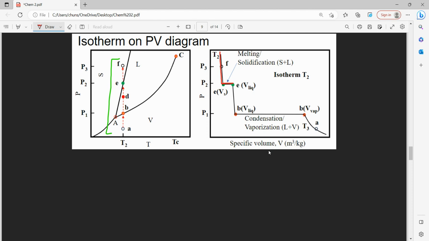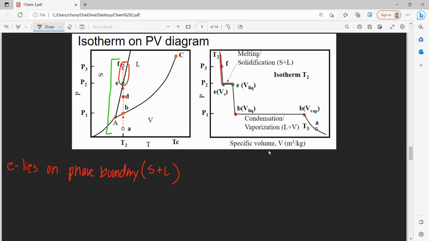And this encapsulates E and F. So E lies on a phase boundary line. So that means we have solid and liquid present.